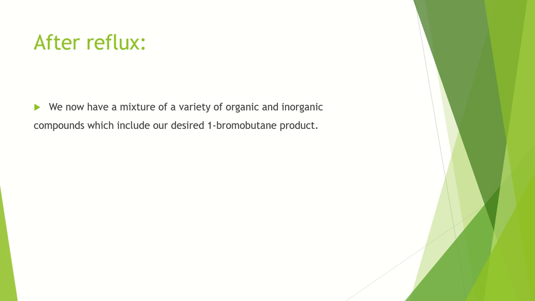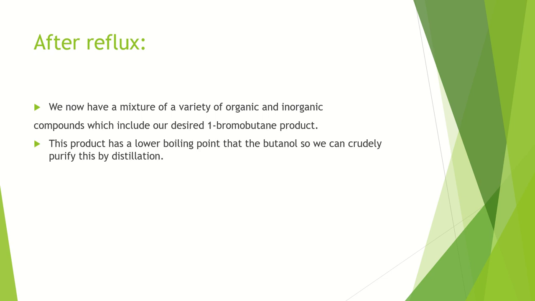Because we've made our product, but it's in amongst a whole load of other things in that flask. It's by no means pure. So we've now got to get rid of our undesired side products, our undesired reactants, a whole load of things. So the first thing that we'll do is we'll distill it. We'll distill over and we'll collect our 1-bromobutane at plus or minus 2 degrees around its boiling point.